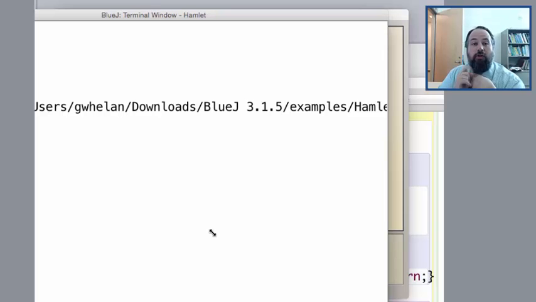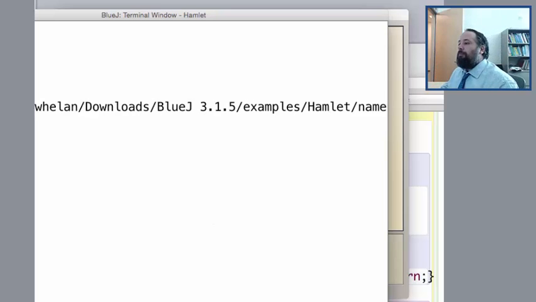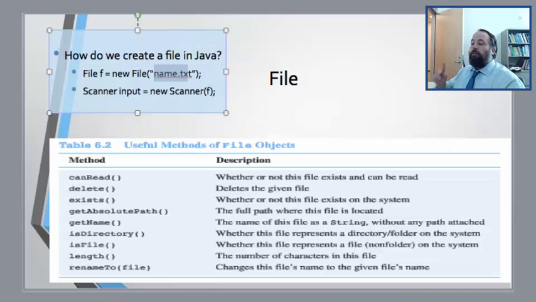If you give the full path, which starts with C:, then it can be anywhere. But that gets pretty complicated pretty quick, so we are going to avoid that. So open the file, create a new scanner that reads the file, read as long as something is next, keep reading, and don't forget you need to import java.io and you need to throw the file not found exception.